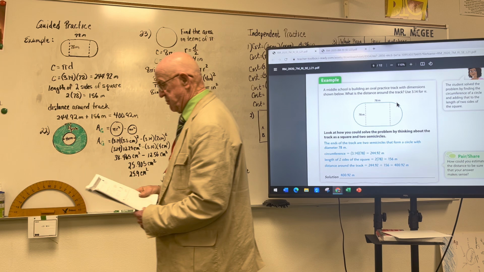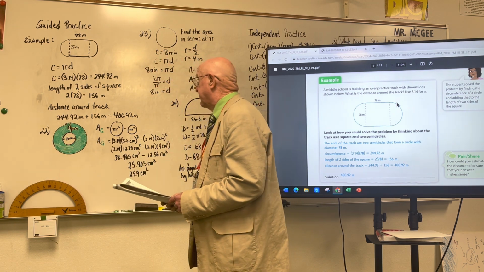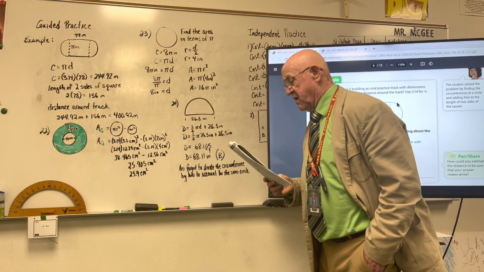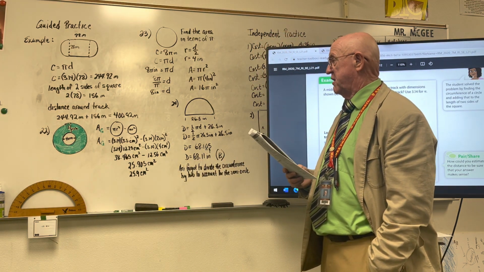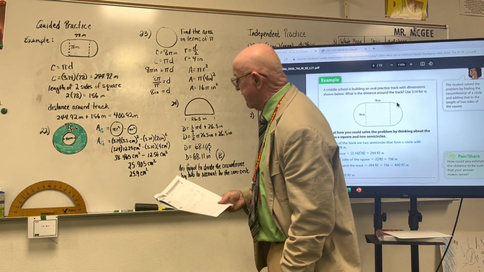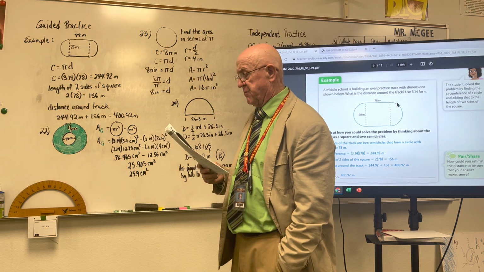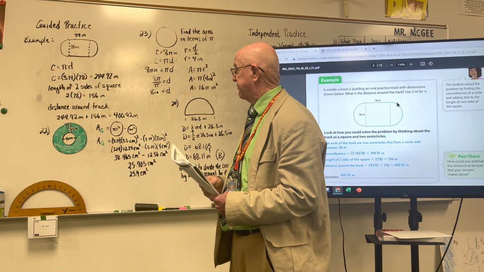Our second problem, number 22, says to write and solve an equation to find the area of the shaded region of these circles. Use 3.14 for pi, and from there we just round our answer to the nearest tenth.